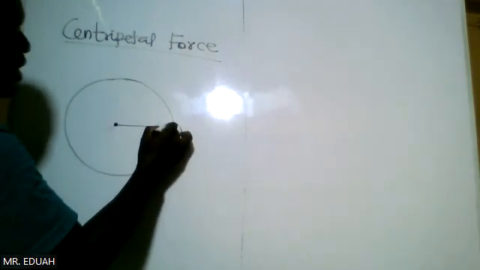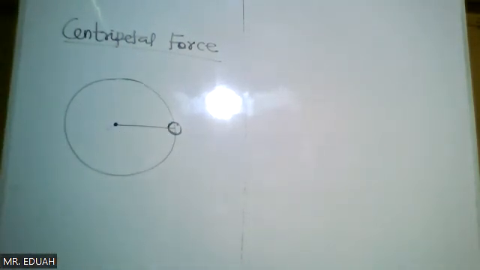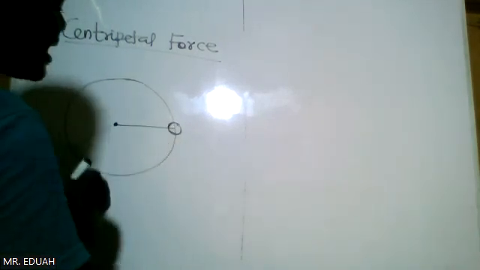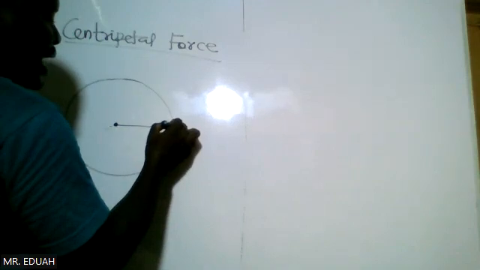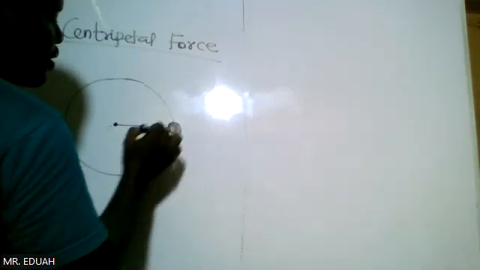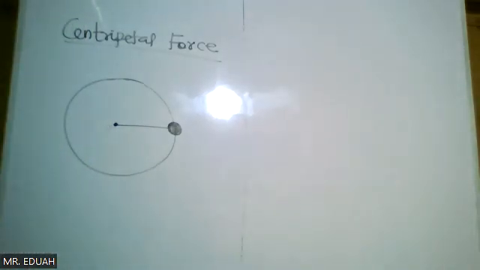So whenever a body is in circular motion, there is a force which always ensures that the body stays within the circular path. That is centripetal force. So we define this as the force which keeps a body moving in a circular motion within the circular path.